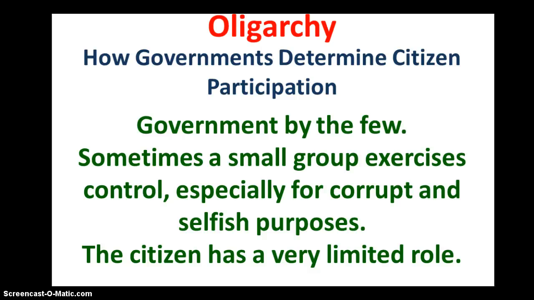An example of where they have limited role is they'll say that, sure, people can vote, but only men can vote, or you can vote, but there's only one person on the ballot for you to vote for. So it's very corrupt, for selfish reasons. They will lie and say that they're doing things for the people, but really they're not.